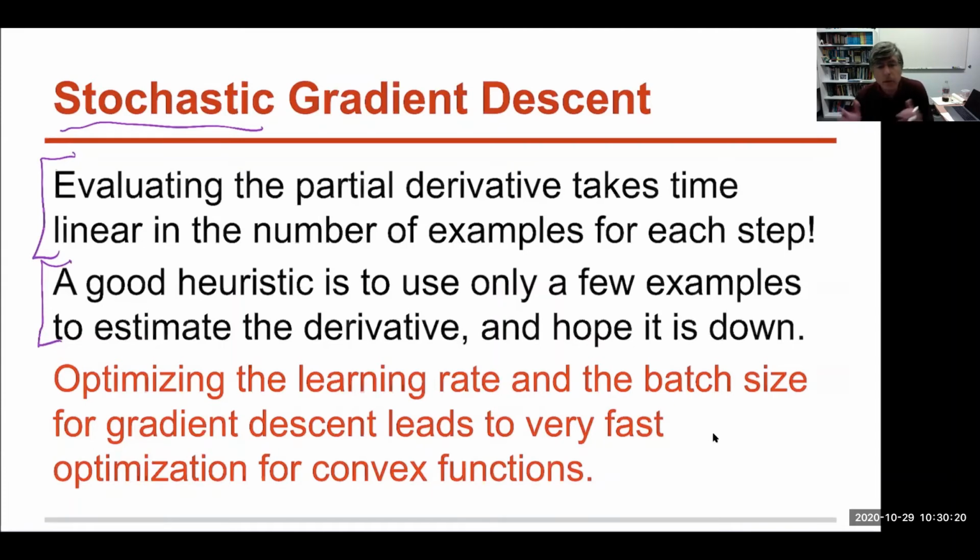If instead of using n points, we use 64 points taken randomly, okay? That probably gives us a pretty good estimate, assuming those points are representative, of what direction is down, okay?